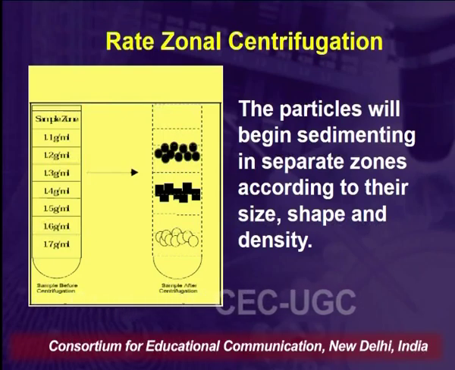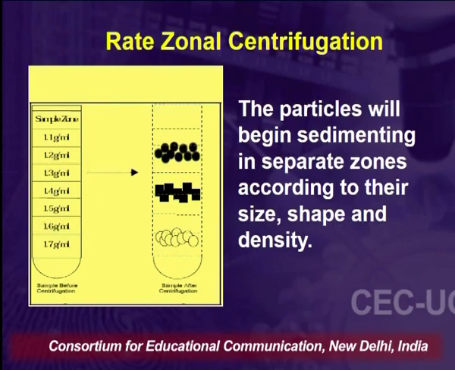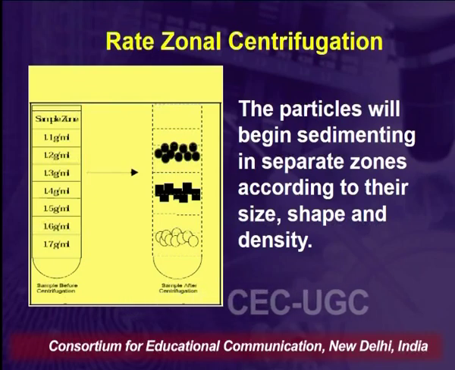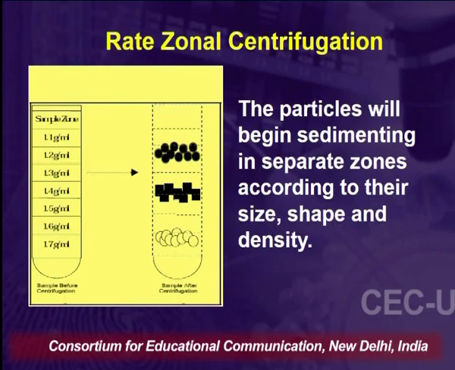We have to be very careful when we are extracting or purifying or separating the particles based on rate zonal centrifugation. We have to very carefully pipette out the layers which are of our use and then take different tubes and separate them, using the clear-cut marks of different densities where the particles are being separated.